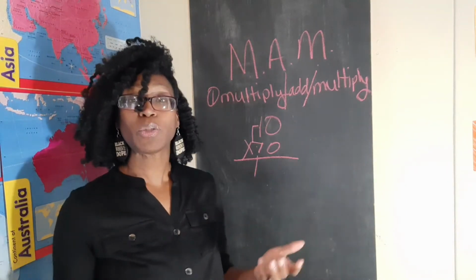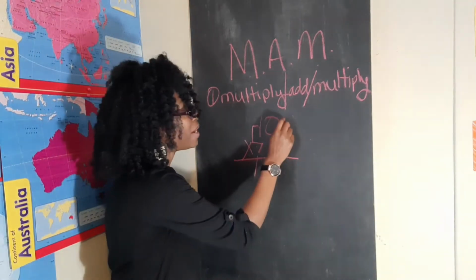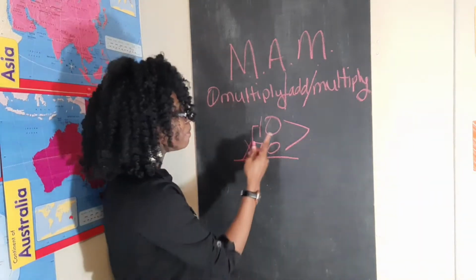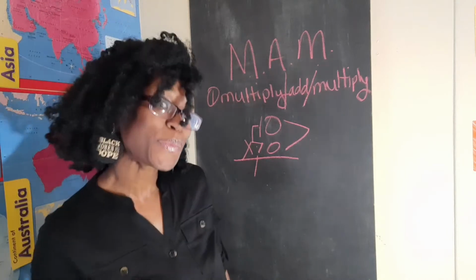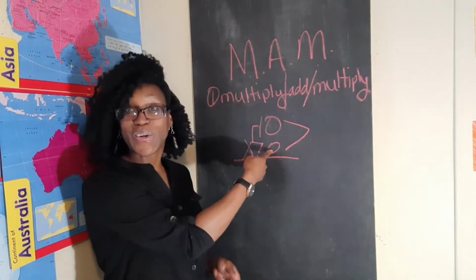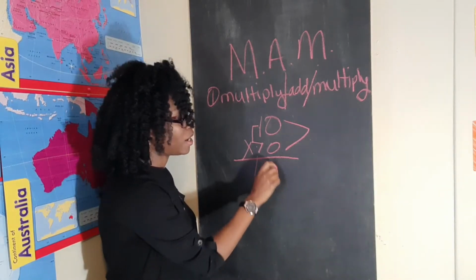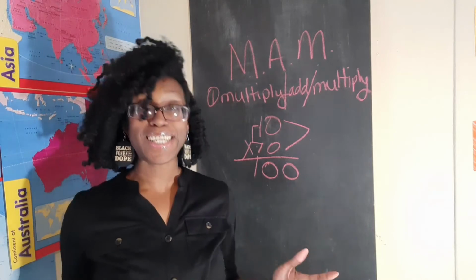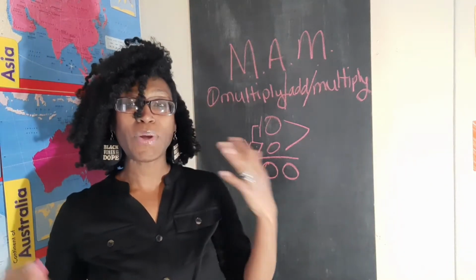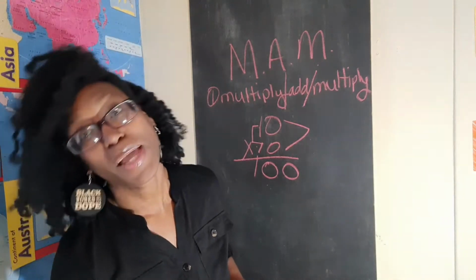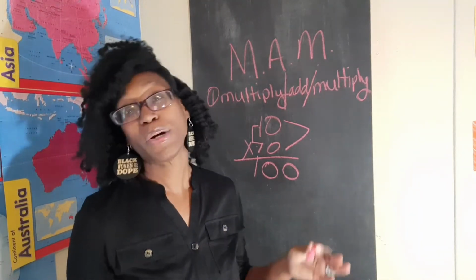And anytime you're multiplying by zeros, the same amount of zeros that's in the problem has to be in your answer. So in this problem, how many zeros do we have? You guessed it, we have 1, 2, 0. So 10 times 10 is 100. Now that's an easy way of multiplying with zeros. I will do another video, possibly, if you want it, on multiplying by zeros.